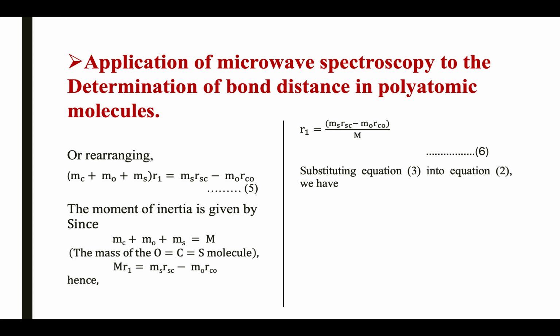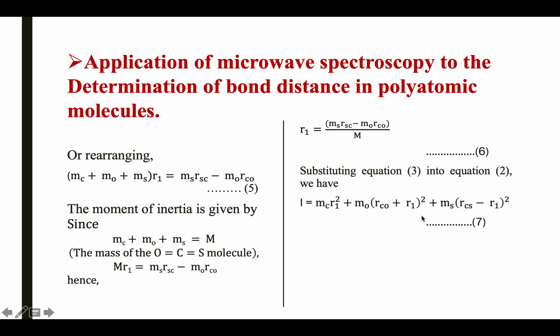So now we add that R1 and R2 and R3 value in equation 2, but here now we are going to substitute equation 3 into 2. So then what we will have, so that moment of inertia term is there. So instead of R2 we have to put RCO plus R1, and for R3 we have to substitute this RCS minus R1. So now we have to expand this equation.